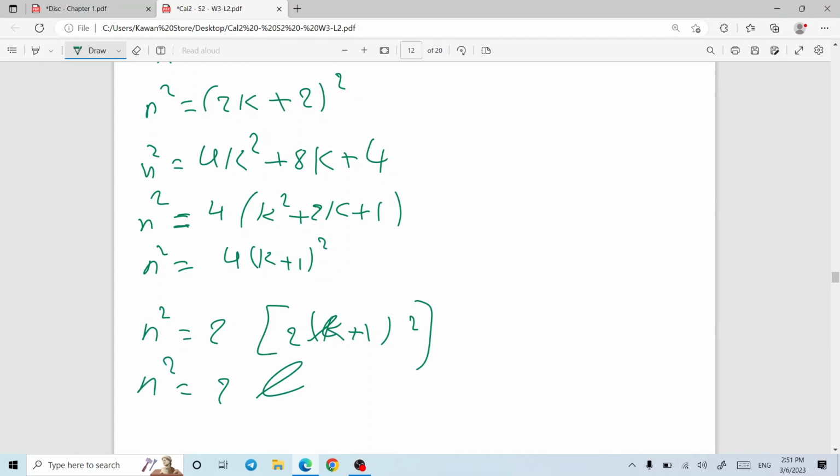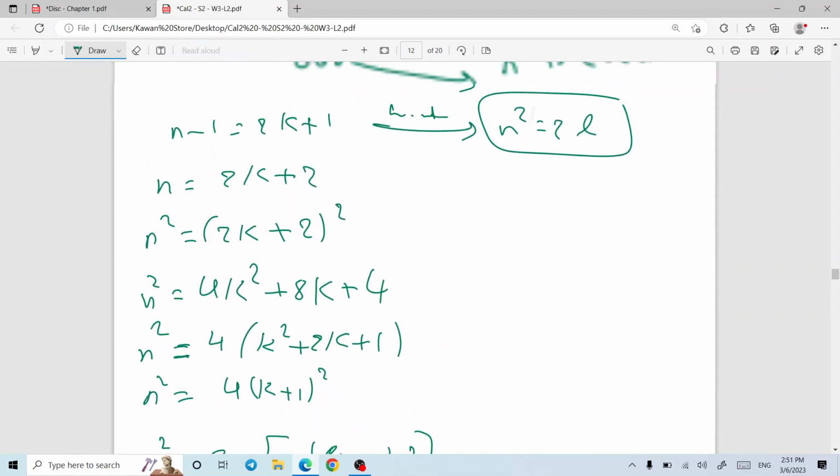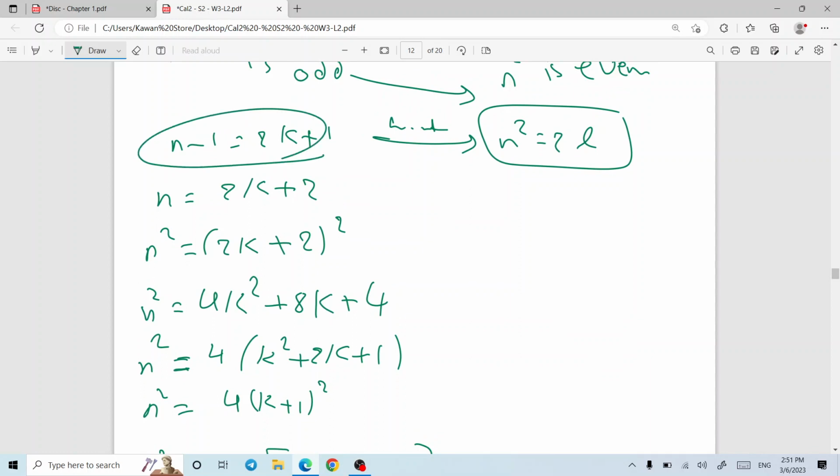We change the formula to 2k. Why? Because we say that, look, we have that one as odd. We try to show that n squared is even too. So we bring the other two here.